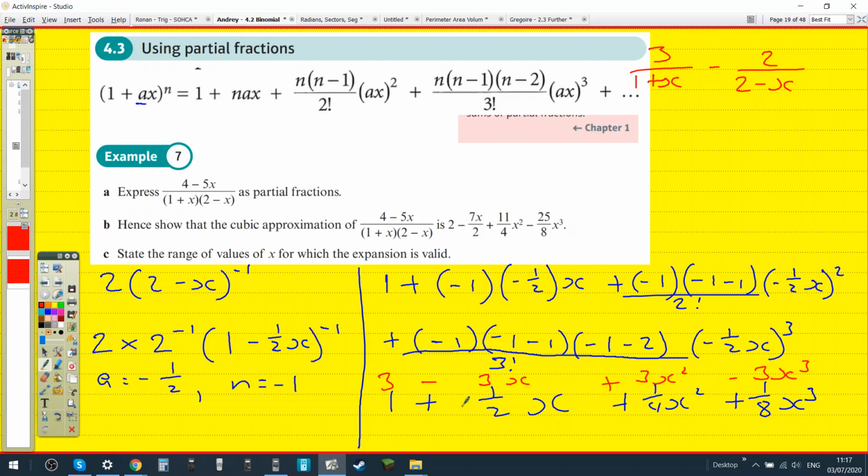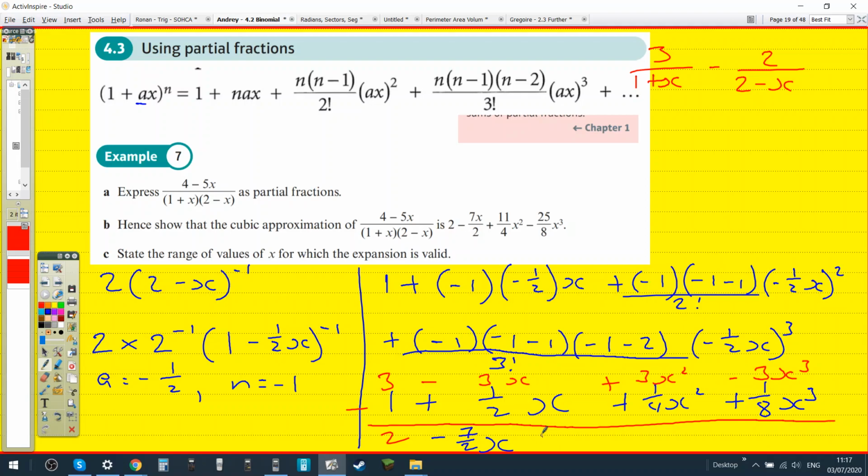So will the first answer be 2? Mm-hmm. And then minus 3.5. Yeah, I'll write it as 7 over 2. Minus 2.75. Oh no, plus 2.75.